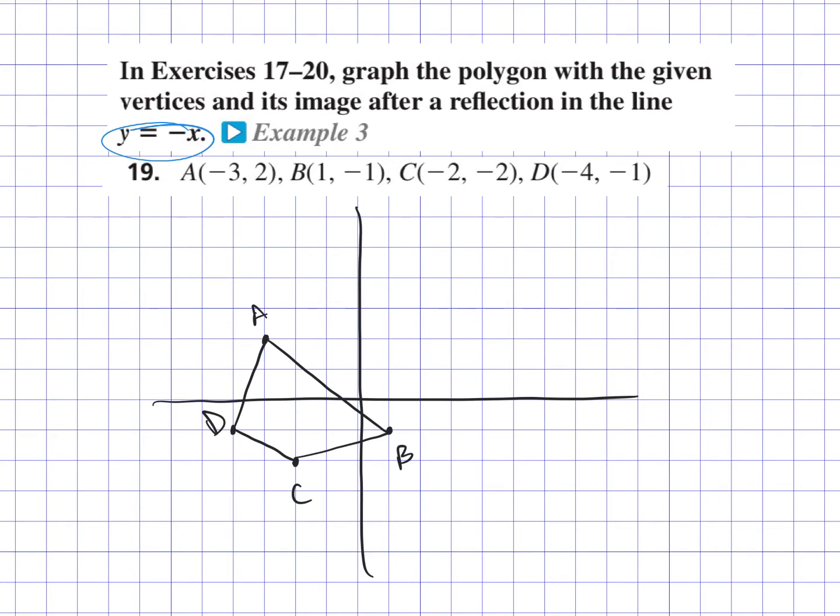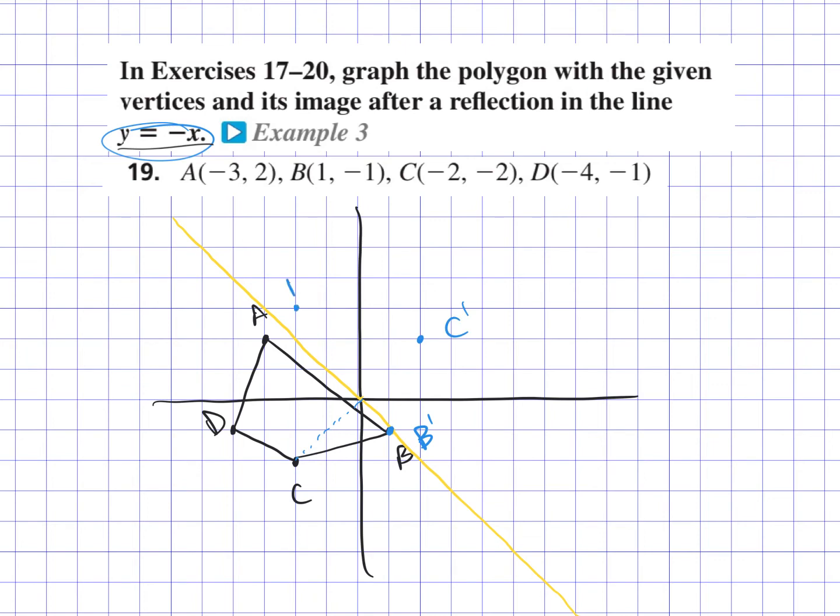All right, now we're reflecting across y equals -x again. So again, this is your diagonal by 1s, down 1 over 1. So B is actually on the line, so it stays right there as B prime. C prime is 2, so that's going to be here.